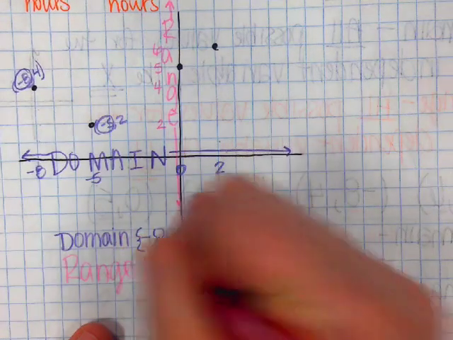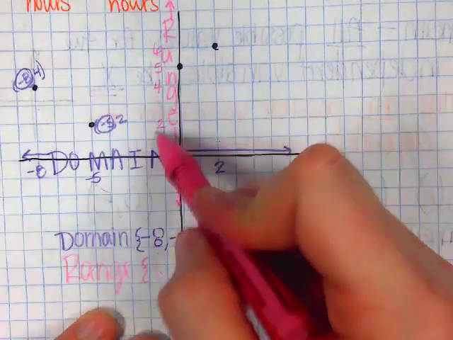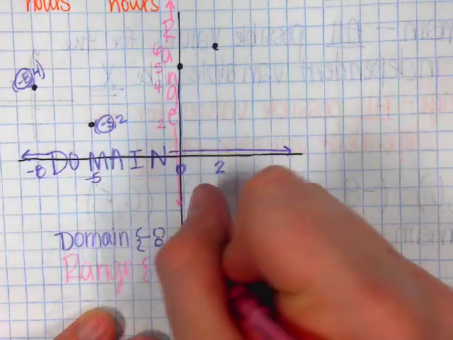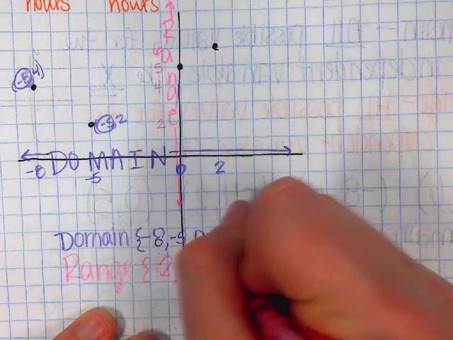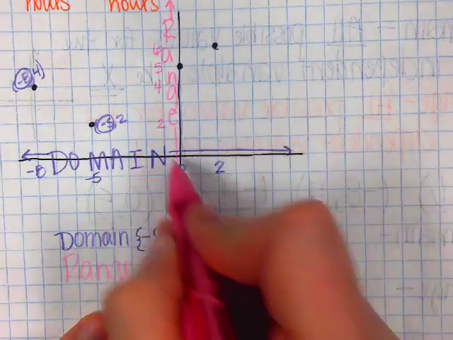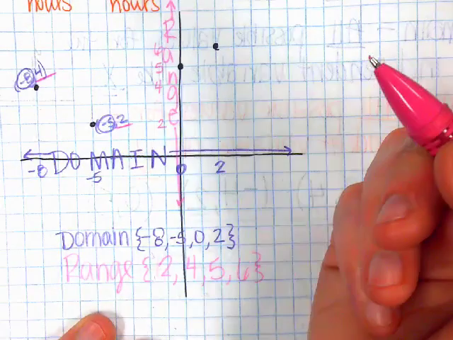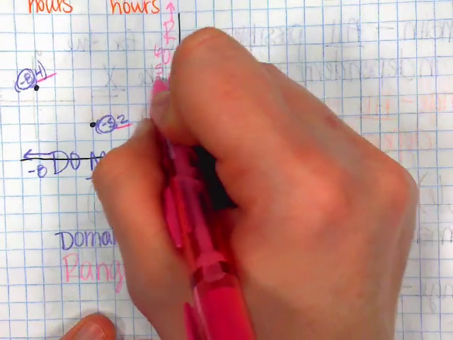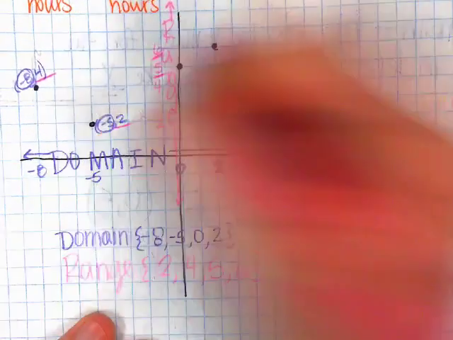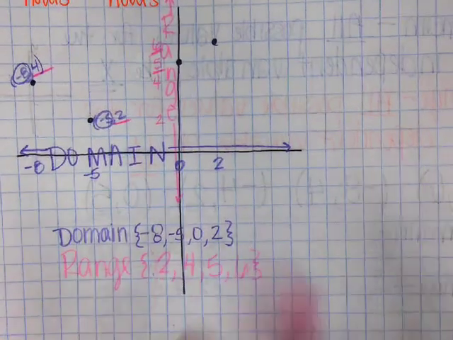So my range would be, and write it in order of smallest to largest, 2, 4, 5, and 6, because I'm looking at those y values of those coordinates.